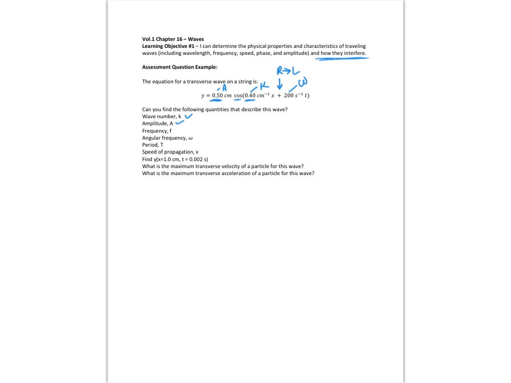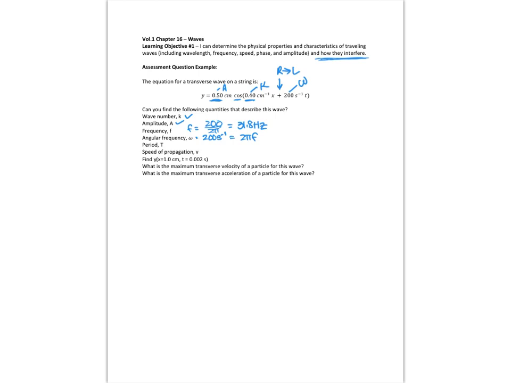The frequency, now that's the first thing. We know omega is equal to 200 inverse seconds, which is also equal to 2 pi times the frequency. So the frequency is actually equal to 200 over 2 pi. So that ends up to be 31.8 hertz is the frequency.